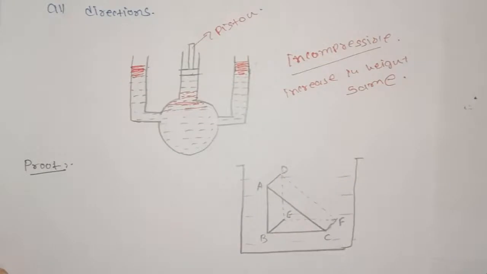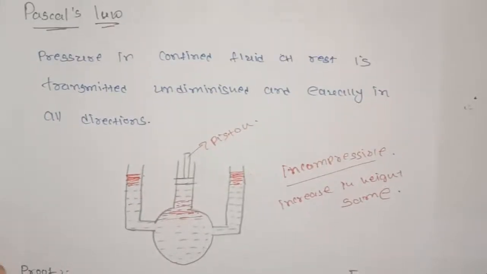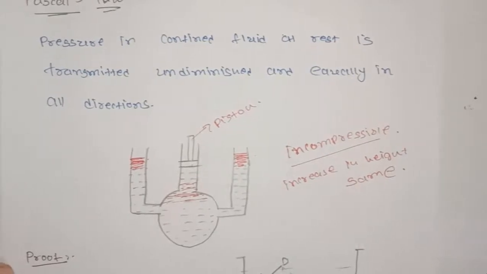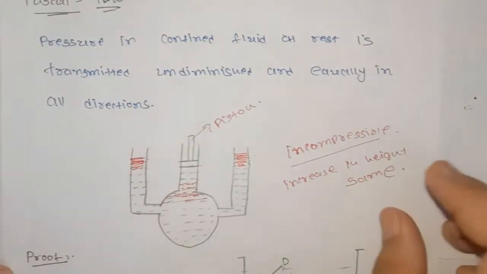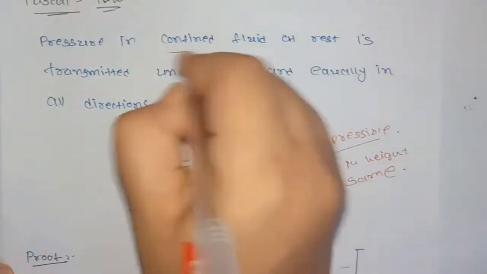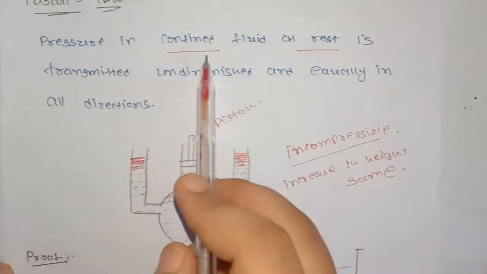Now this is due to Pascal's law that states that whenever pressure in confined fluid is applied, that is pressure in confined fluid at rest. Focus on the words. The fluids should be confined.